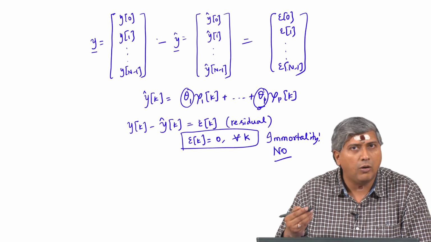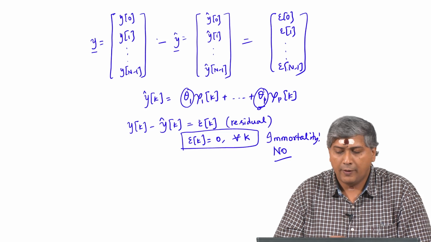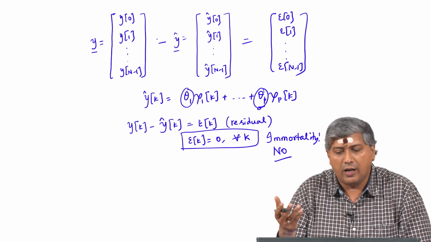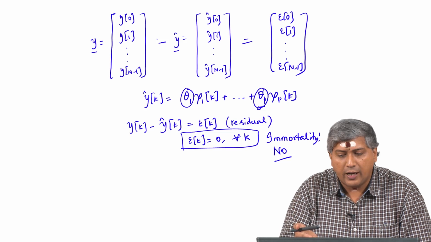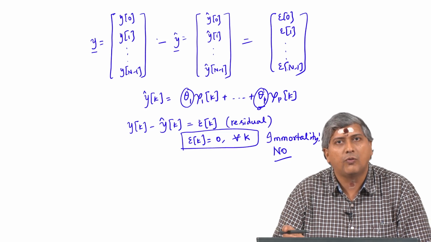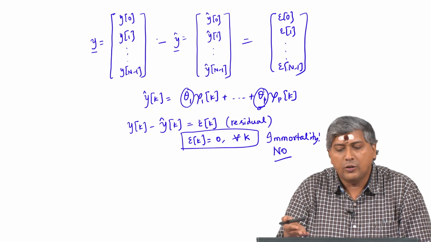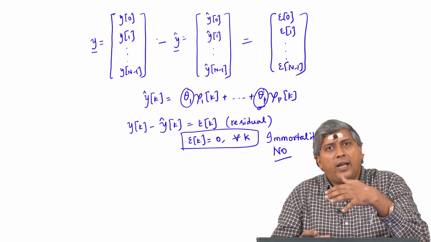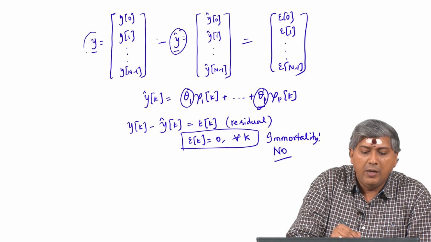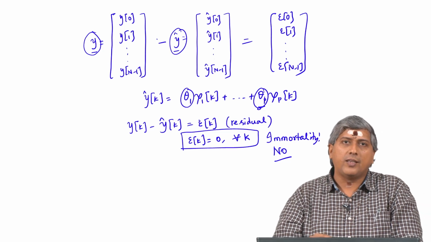Then what is the alternative? It says, since in general it is not possible to drive y hat exactly to y for every observation, at least do this for me. Make sure that collectively those n approximations are at a minimum distance from these n observations.